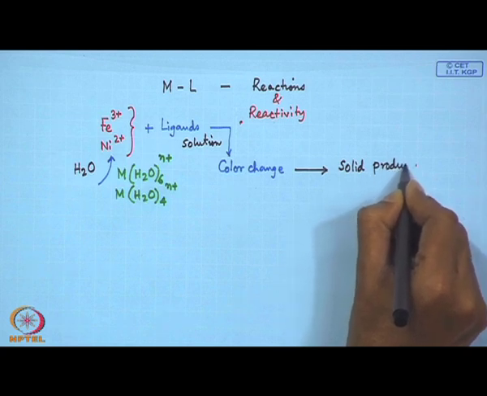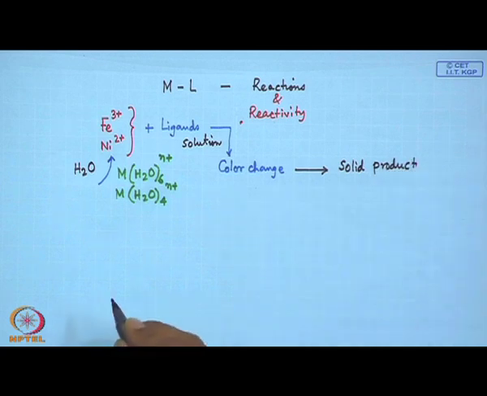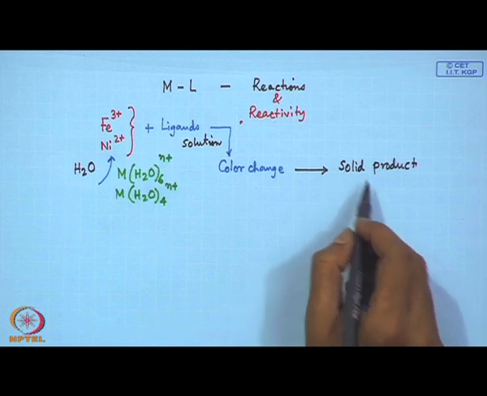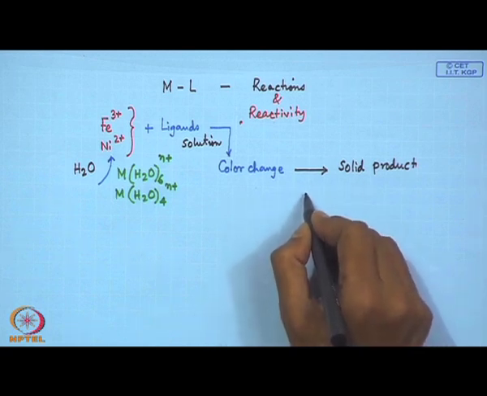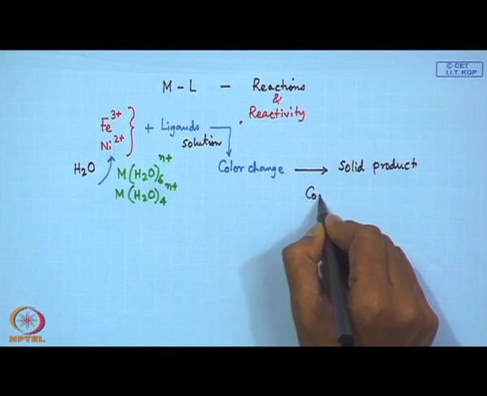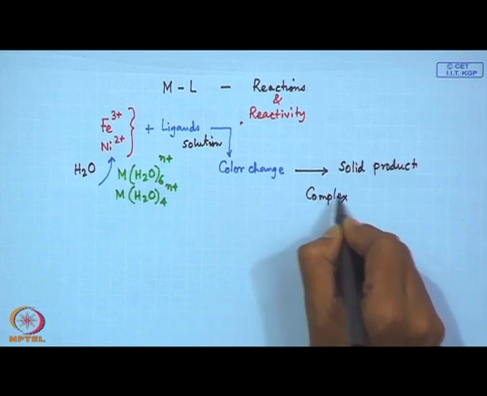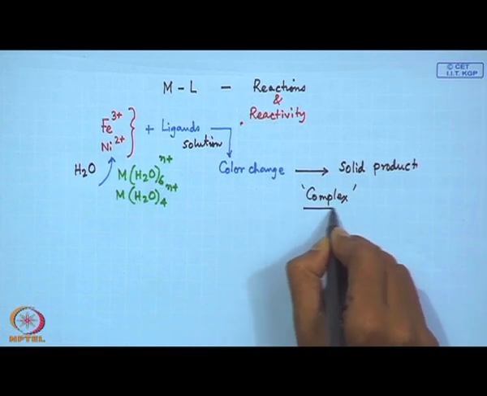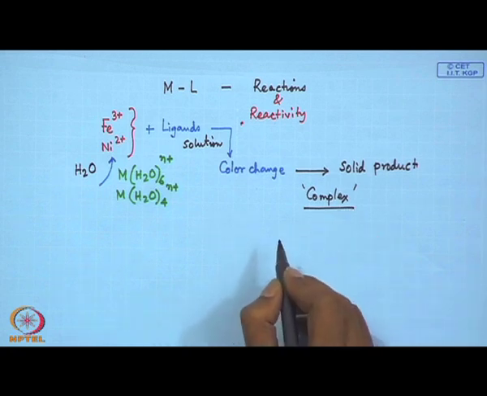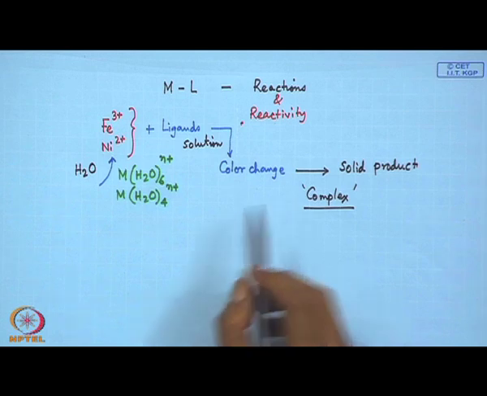So, we can have in our hand the corresponding solid product and we can analyze everything, and we know the nature of the complex if we find out the X-ray structure and all other spectroscopic properties we can use to characterize that particular metal complex.